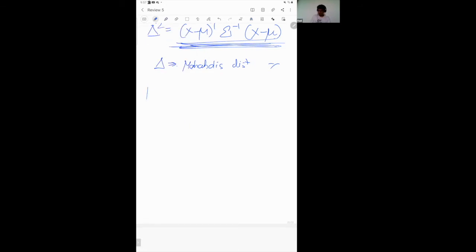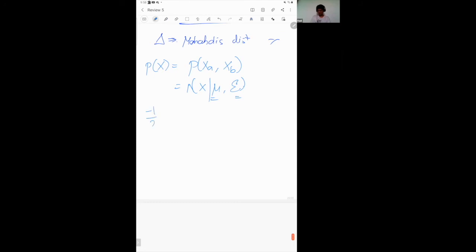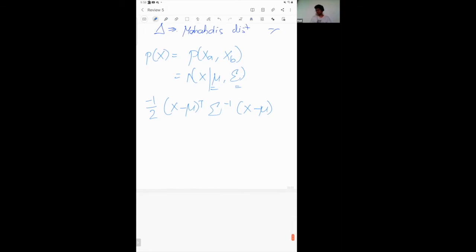Now we have the probability of x equals the joint probability of xa, xb, which follows this. Now I'll expand each of these. The exponential term of this would be minus half (x minus nu) transpose sigma inverse (x minus nu). We are working in the d-dimensional case on our original vector x, which we know is a Gaussian, and we know the values of nu and covariance matrix sigma.